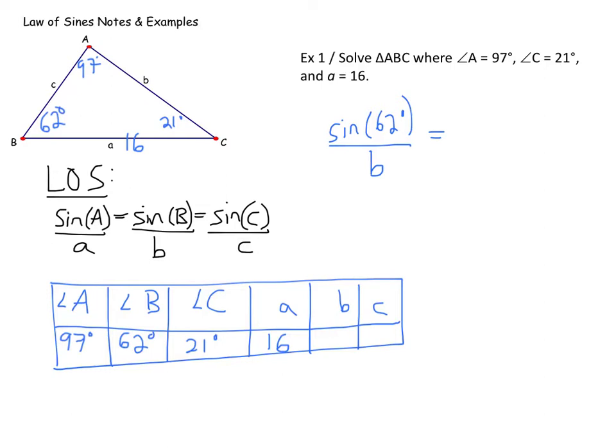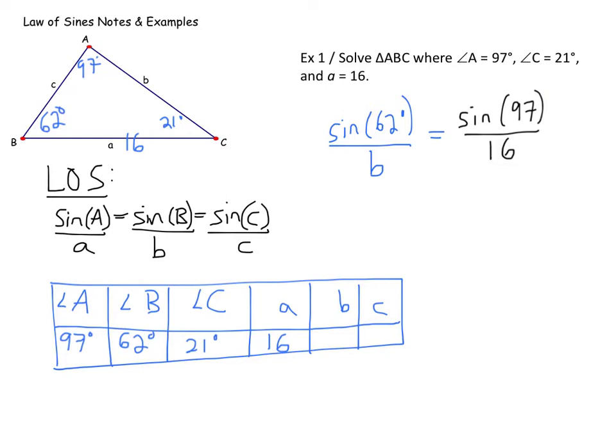And now, like I said, we do know the sine of angle A, and we know the side length opposite that. You need a ratio where you know the numerator and the denominator. So now we have a proportion where we know 3 out of 4 things, and we can just use our calculator and get the rest.